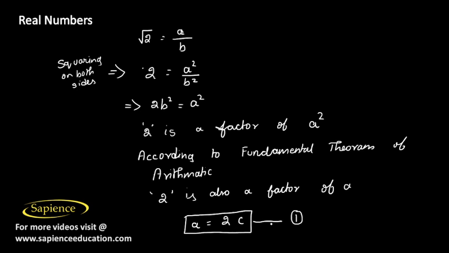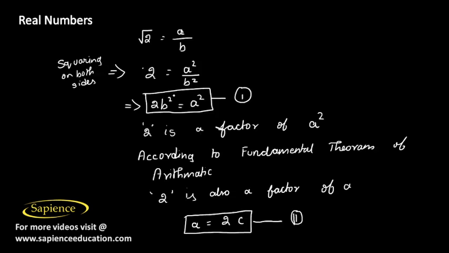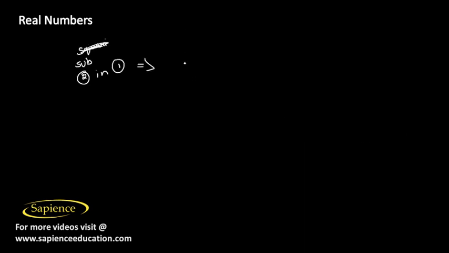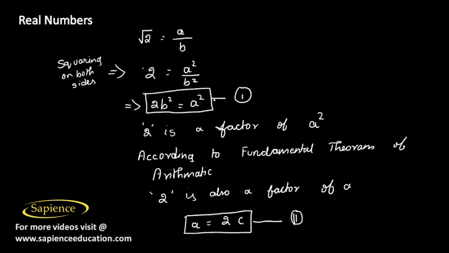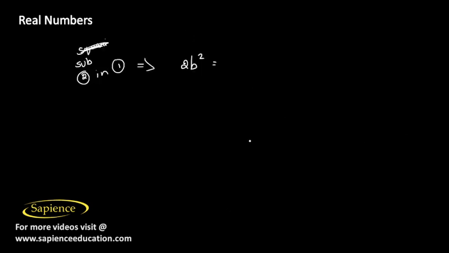Let us have 2b square is equal to a square as equation 1 and a is equal to 2c as equation 2. Now we will substitute the value of a. Substituting equation 2 in 1, we get 2b square is equal to 2c the whole square.